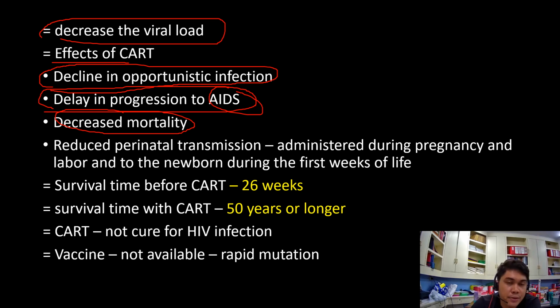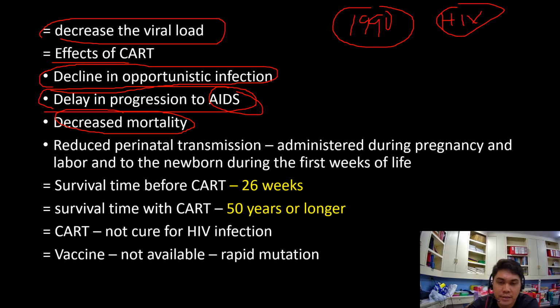Okay, so that's why Magic Johnson is still alive. It's because of antiretroviral therapy. Magic Johnson was diagnosed with HIV infection during the 1990s. He is an NBA legend, and one of the owners of the LA Dodgers.